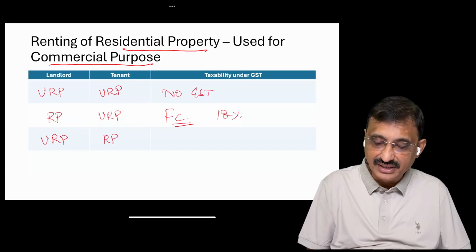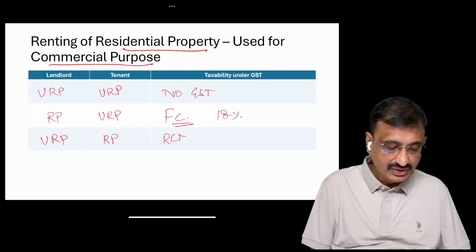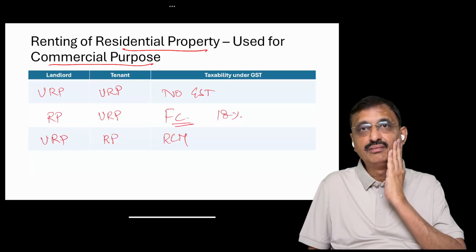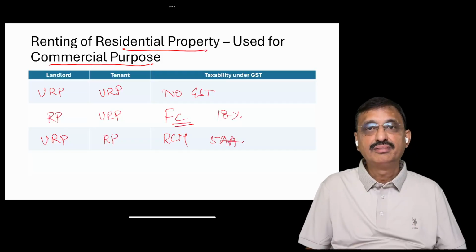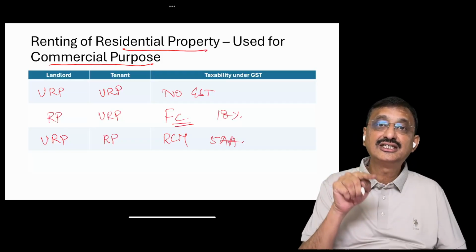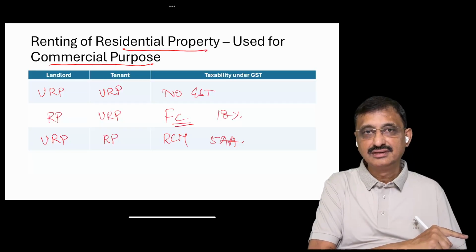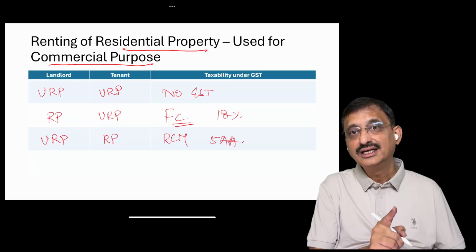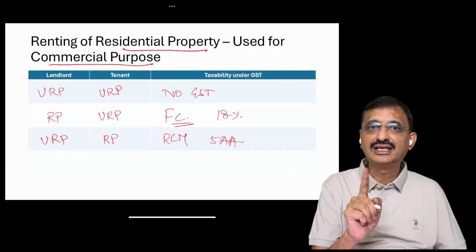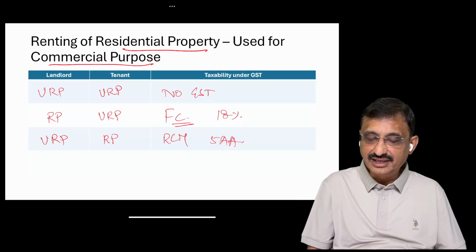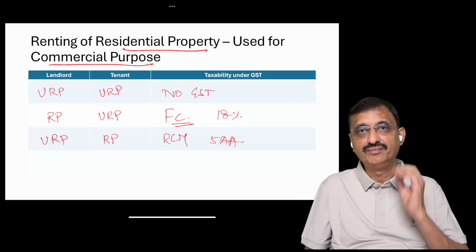Here RCM will come into play by virtue of 5AA, because this is a residential dwelling given to a registered person. So exemption is not available and RCM under 5AA will come.